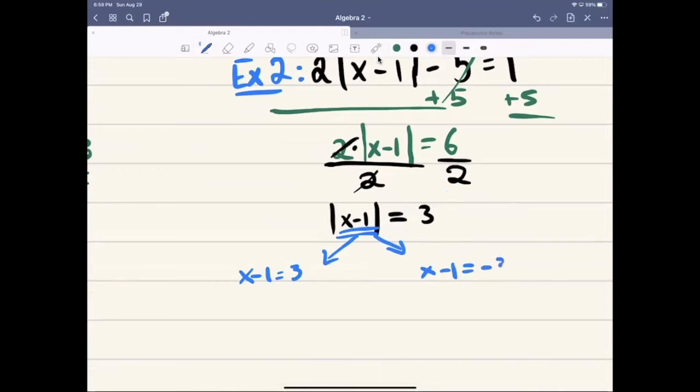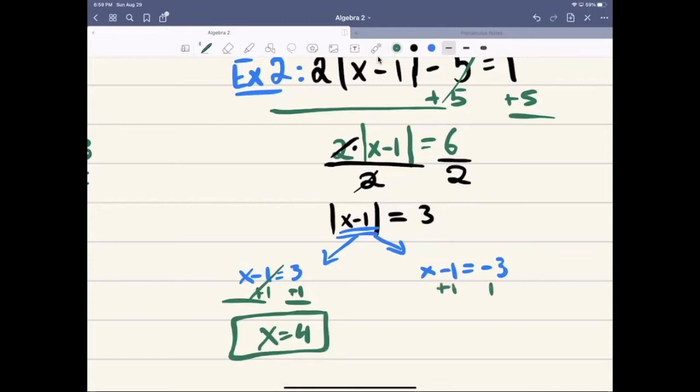So equal to -3. Now what we're going to do is solve each of the equations. Since it's x minus 1, you're going to get rid of that by doing +1 to both sides, and you're going to get x is equal to 4 as one answer. Same thing over here. You're going to get rid of that -1.